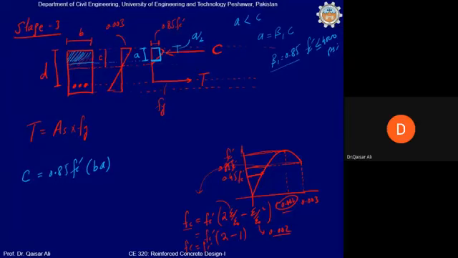Now from this you can also calculate this distance, lever arm. What will the lever arm be equal to? Effective depth minus A by 2. D minus A by 2.